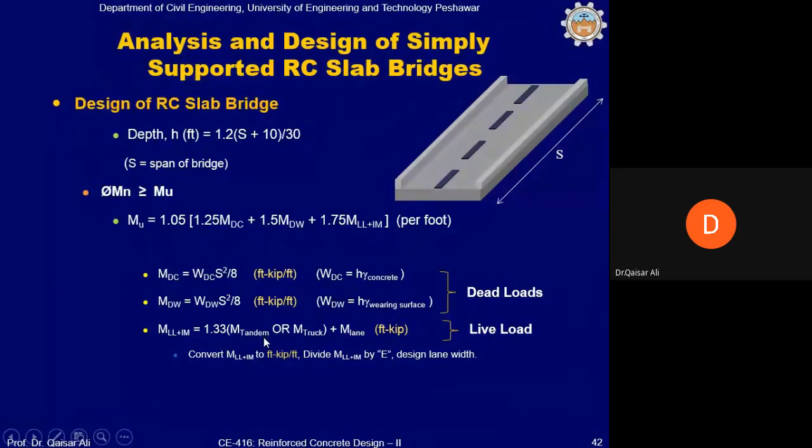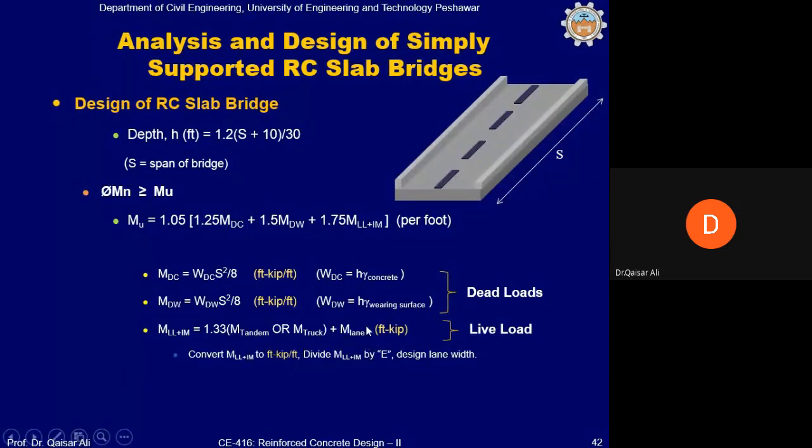So the live load from the tandem or truck will include the impact from the vibrations produced while a truck or tandem passes over a bridge. The effect of these vibrations is included indirectly by enhancing the bending moments of the truck or tandem by 33%, or 1.33. These bending moments are multiplied by 1.33.